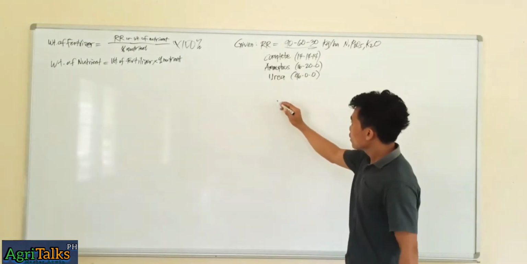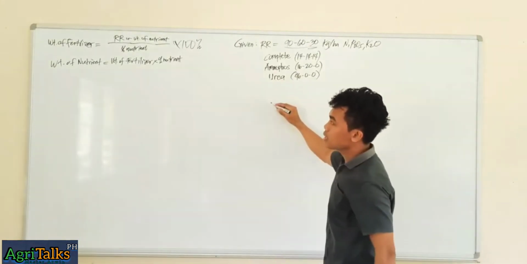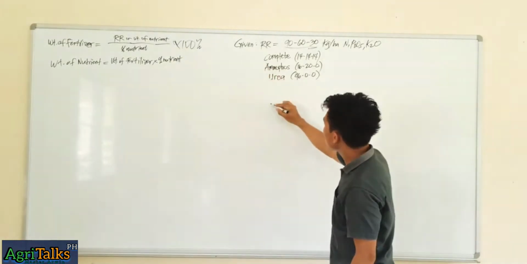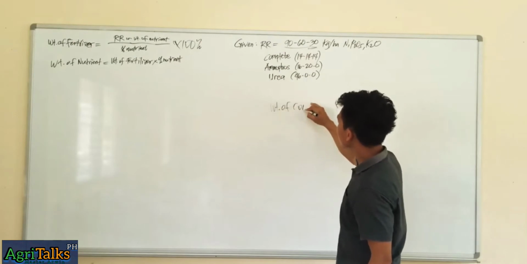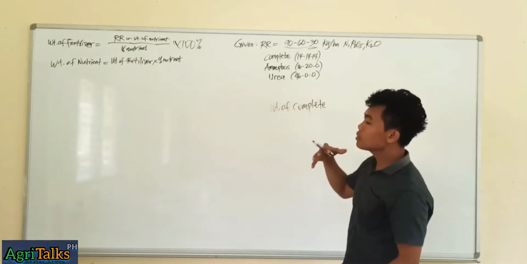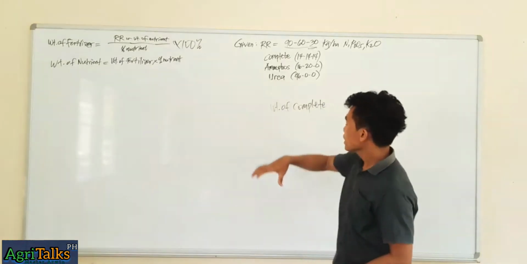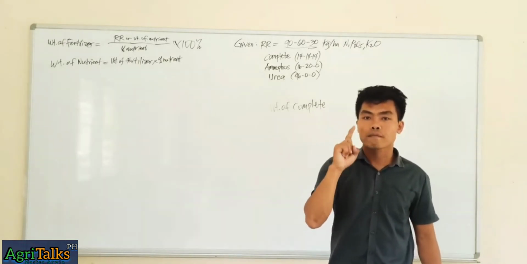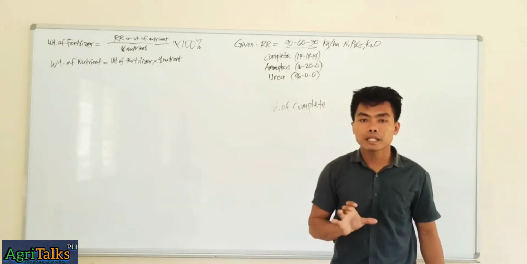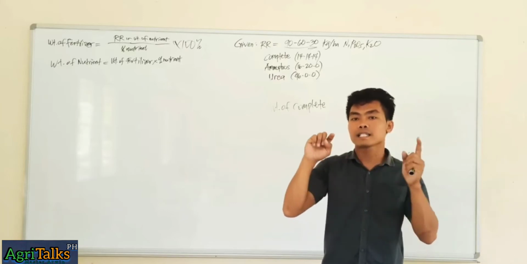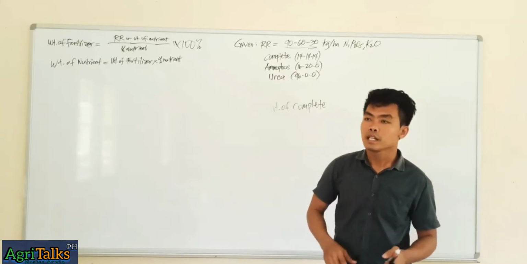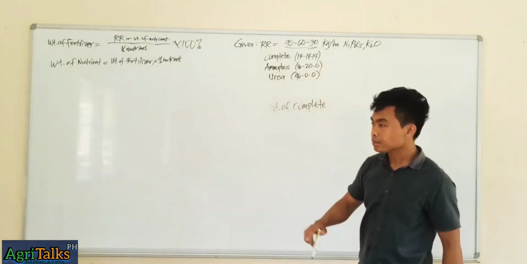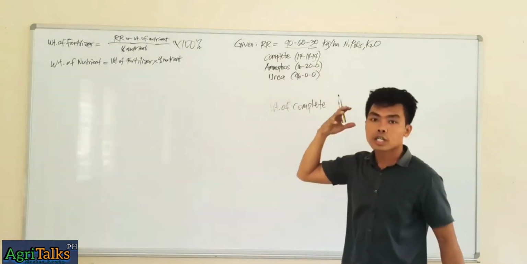Okay, so we will use the first formula, which is the weight of fertilizer. So weight of complete. So guys, another thing to consider is if you have this combination of fertilizer materials, you should use first the complete fertilizer or a fertilizer that has many nutrient components. So that if you apply this fertilizer material, you are not only applying potassium.